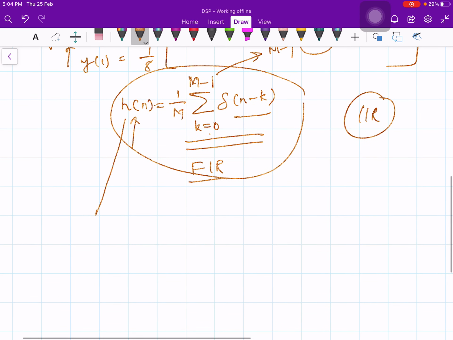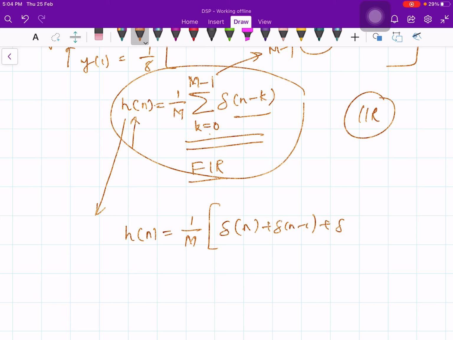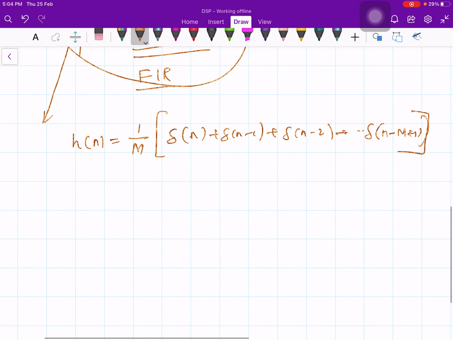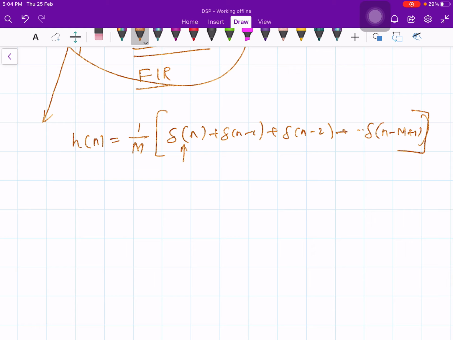Okay, now this h of n, if we expand this, is equal to 1 over M, and substituting k is equal to 0, 1, 2, 3, 4 and so on, delta of n plus delta of n minus 1 plus delta of n minus 2 plus dot dot dot up to delta of n minus capital M plus 1. Therefore this delta of n has the value 1 when n is equal to 0, this has the value 1 when n is equal to 1, this has the value 1 when n is equal to 2, and so on.